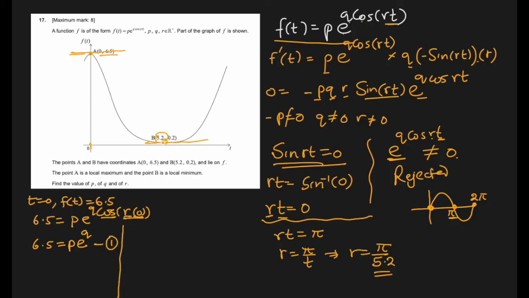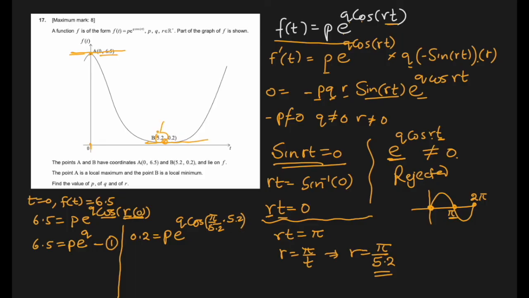Let's substitute this one. Here the Ft is 0.2 when, in the same equation P e to the power Q cos R, R is known to us now, pi over 5.2, and T is 5.2.